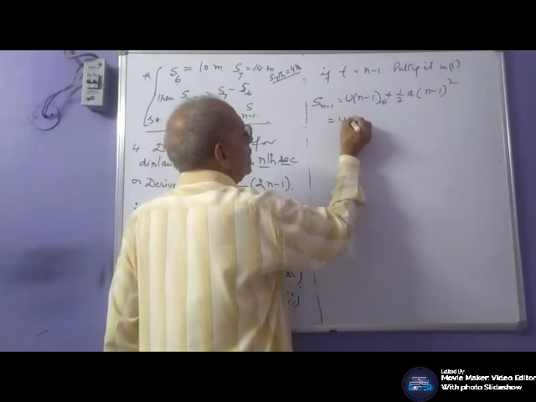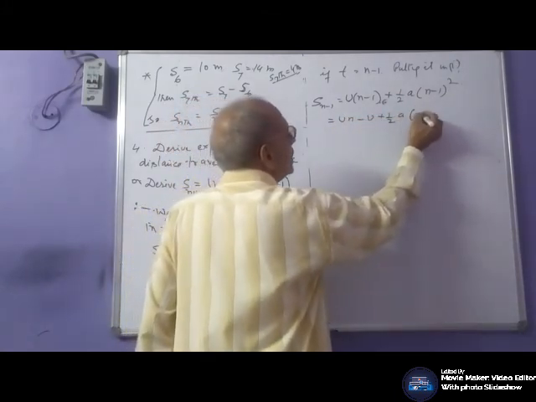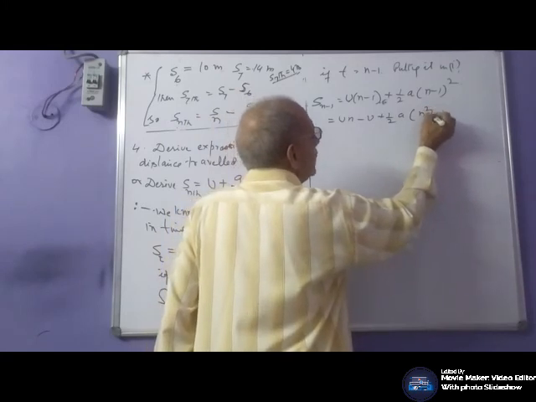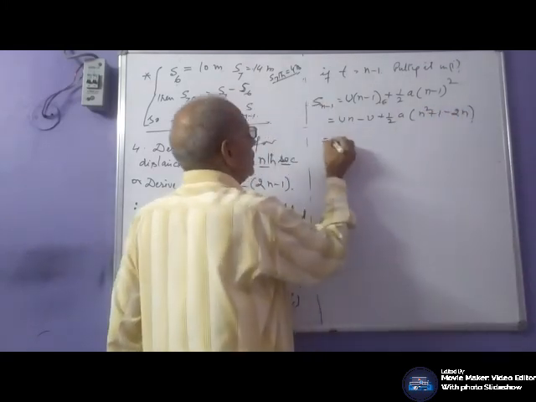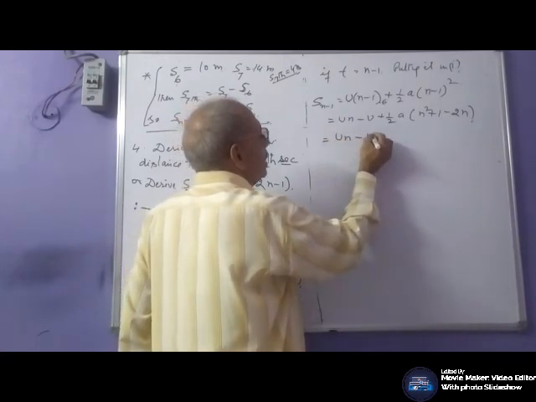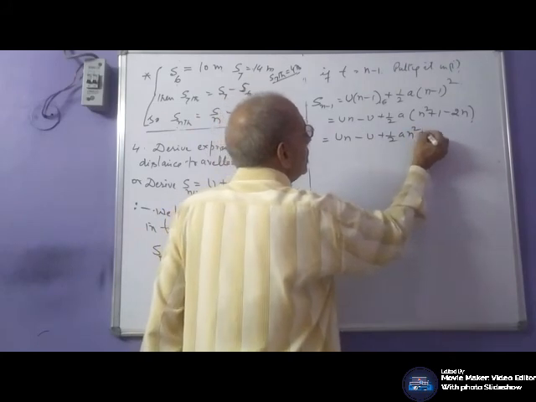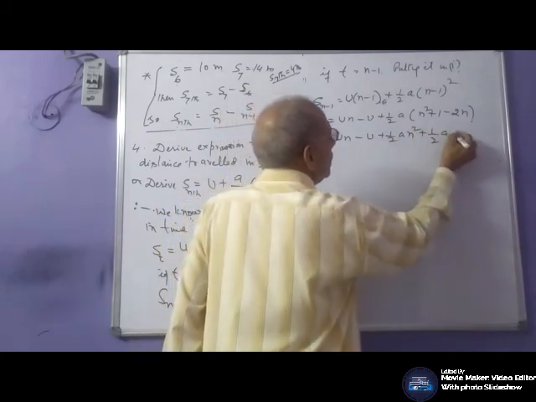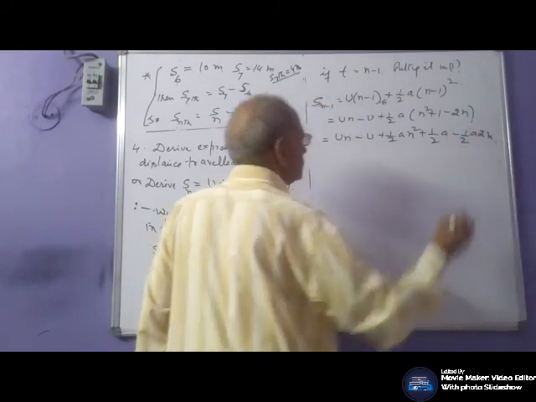It is un minus u, it is half a n square, open the bracket, 2n. It is un minus u plus half a n square minus half a 2n plus half a.